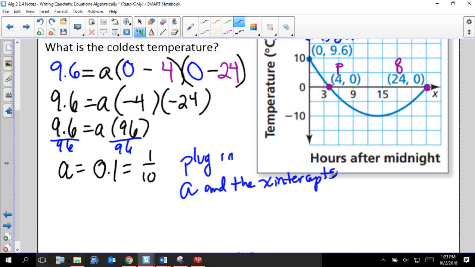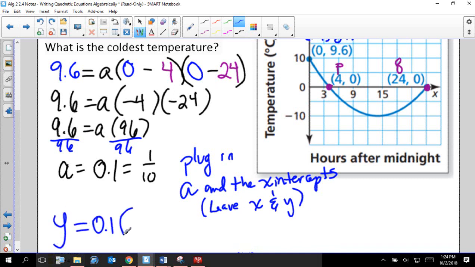You leave x and y in the final answer. So I have y equals 0.1 times x minus 4 times x minus 24.